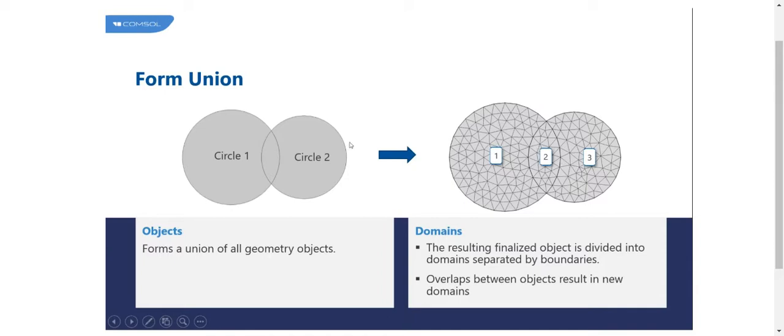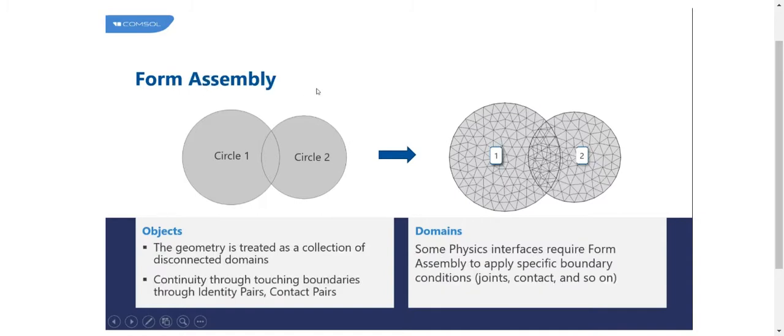There is another option, which is form assembly. After finalizing our geometry with form assembly, you can see the domain has been retained. No additional domain has been created at the overlapping area. This form assembly feature is useful when you are dealing with specific kinds of boundary conditions such as joints and contacts, where you want to have relative motion.